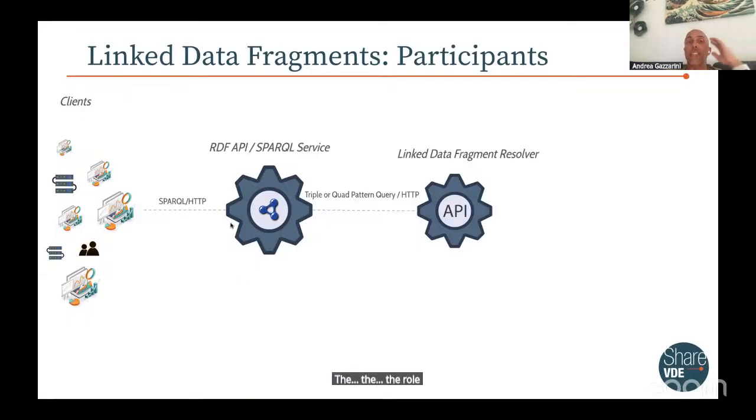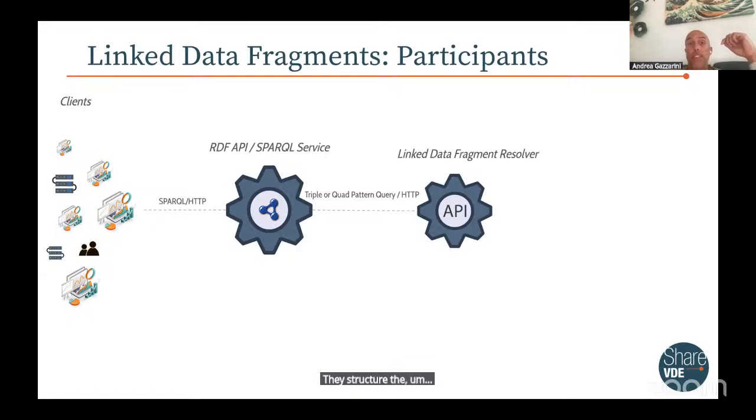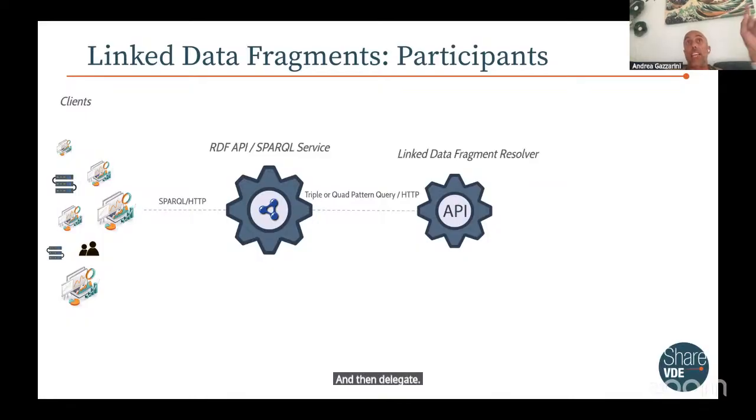In a linked data fragments architecture, the role of this component is to provide the HTTP interface, the SPARQL over HTTP, destructure the several triple patterns in the selection criteria it finds in the query, and then delegate each pattern to a simple service called Linked Data Fragment Resolver, which is in charge of exposing a simple REST endpoint that is able to resolve a single triple pattern.